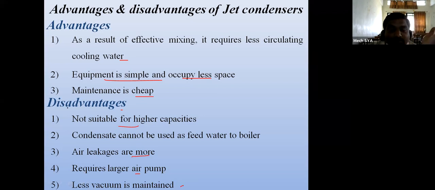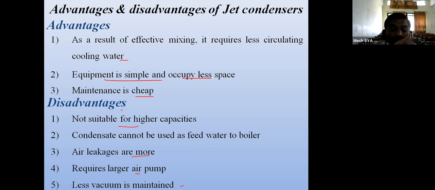Whatever the comparison points are, the negative points we call disadvantages, and the positive points we call advantages. With effective mixing, less water is required, so a smaller cooling water pump is required. Equipment is simple, manufacturing cost is low, maintenance is cheap, but it is not suitable for higher capacities.